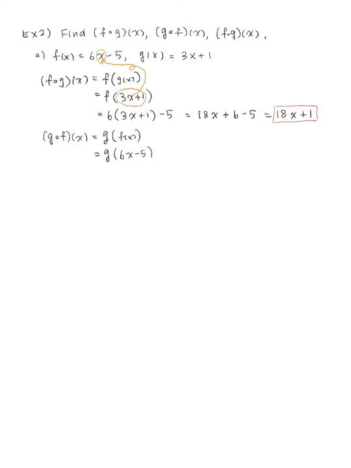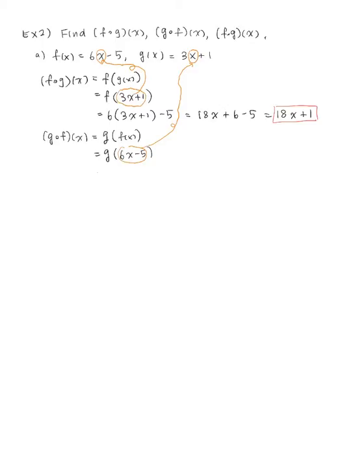We're going to do the same thing. This is telling you to look at function g and replace its x with what's in the parentheses. So we take this and plug it in over here. That's what it's telling you to do.